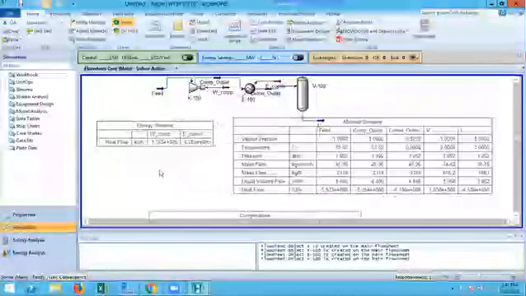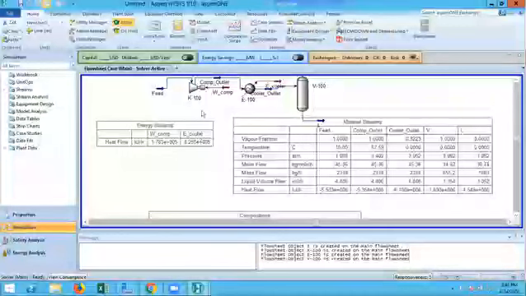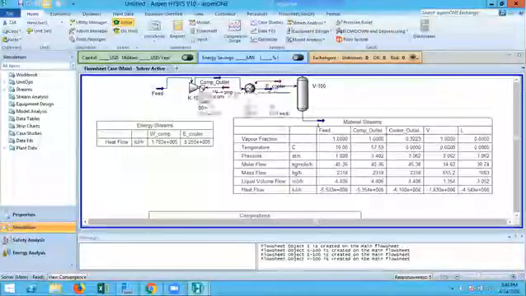So this is the energy streams. You can see this is the compressor, and this is the cooler. So this is the energy supplied to the compressor. This is the energy removed from the cooler.